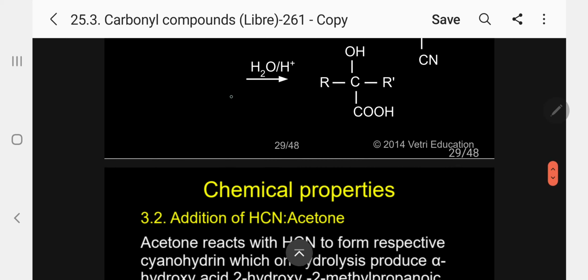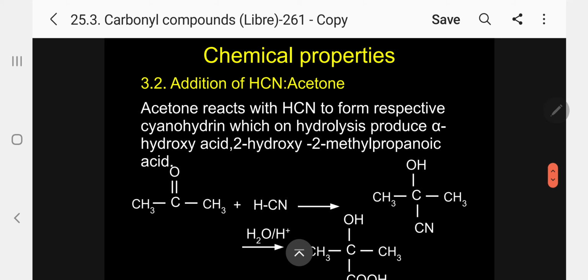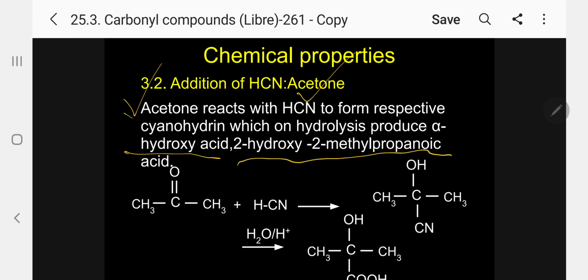Let me take specifically the ketone acetone. Acetone reacts with HCN to form the respective cyanohydrin, which on hydrolysis produces alpha hydroxy acid. The IUPAC name of the compound is 2-hydroxy 2-methylpropanoic acid.